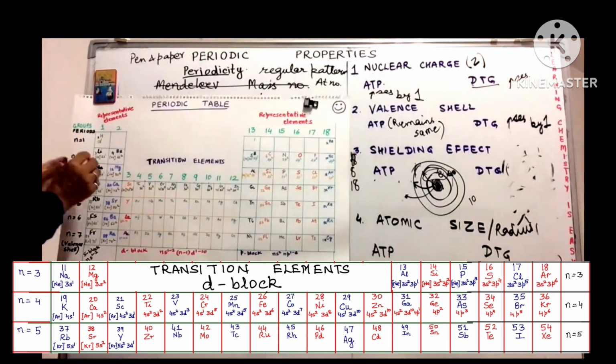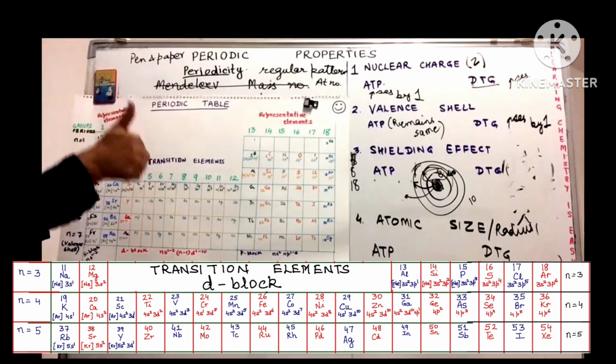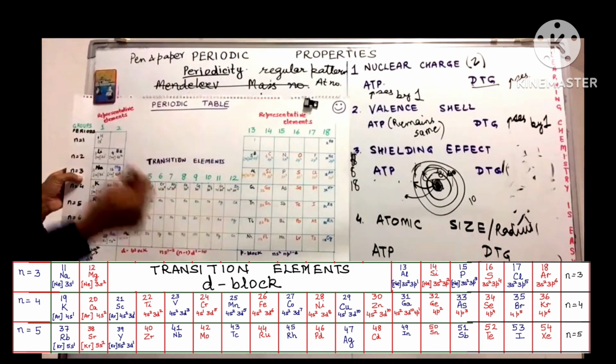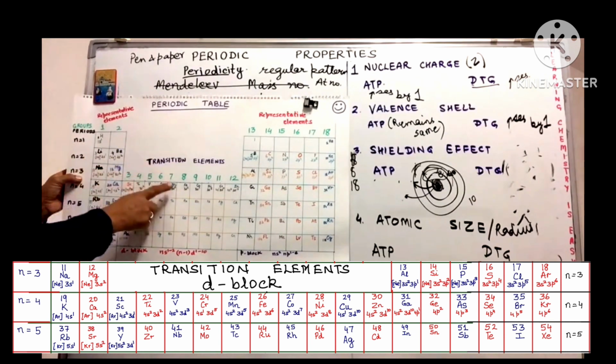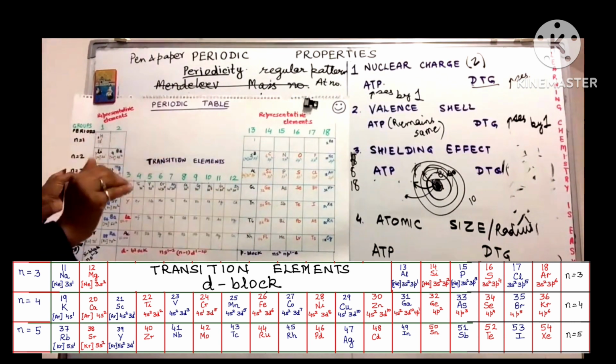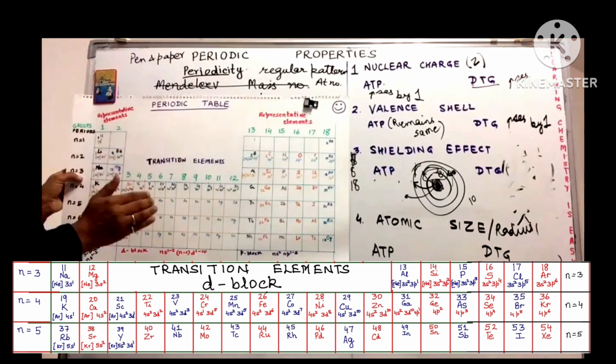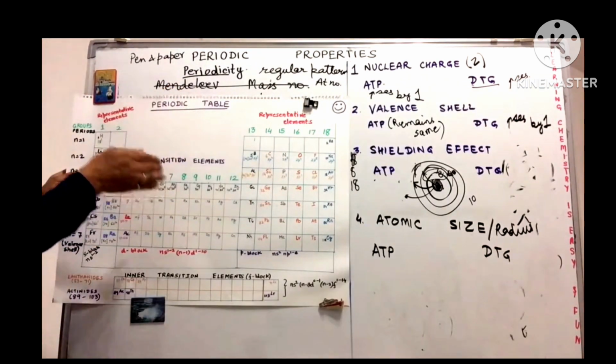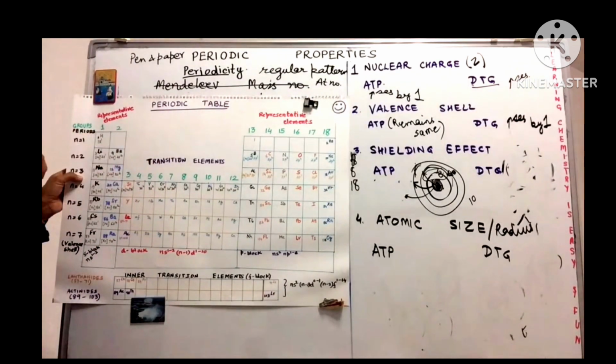Here what is happening is, the nuclear charge is increasing, yes. The number of valence electrons is increasing, yes. The number of valence shells is increasing, no. The electron at each point of time is getting added to the third energy level only, right?